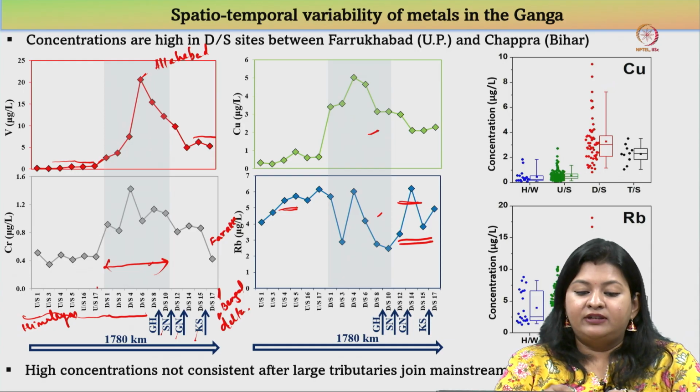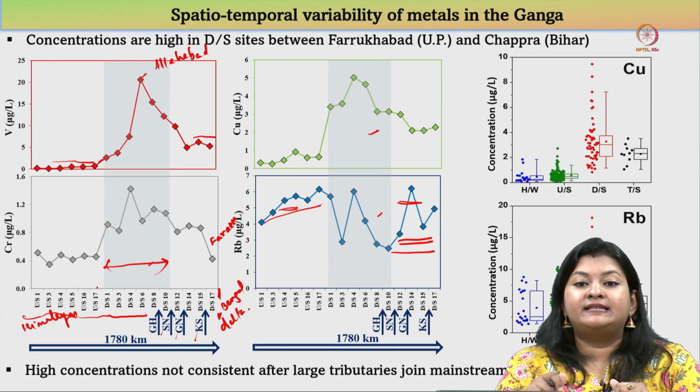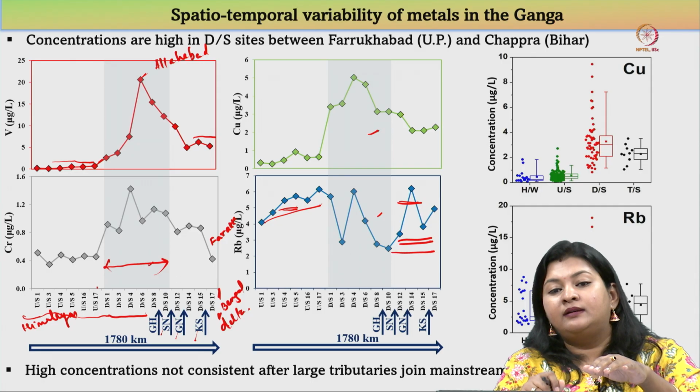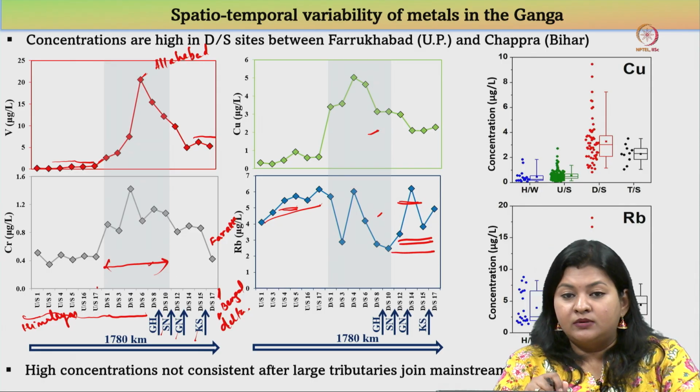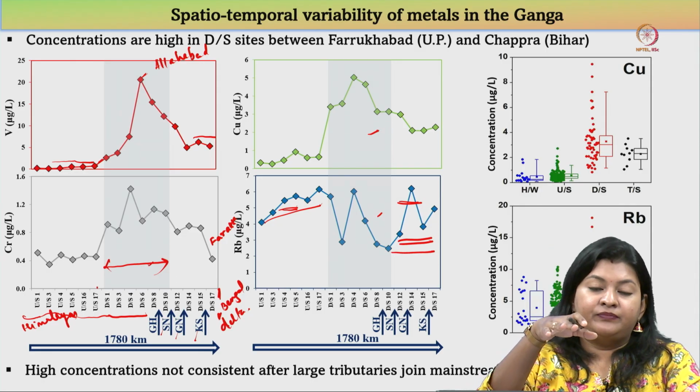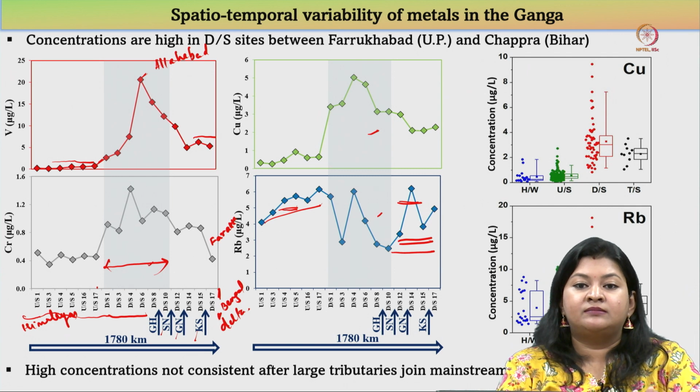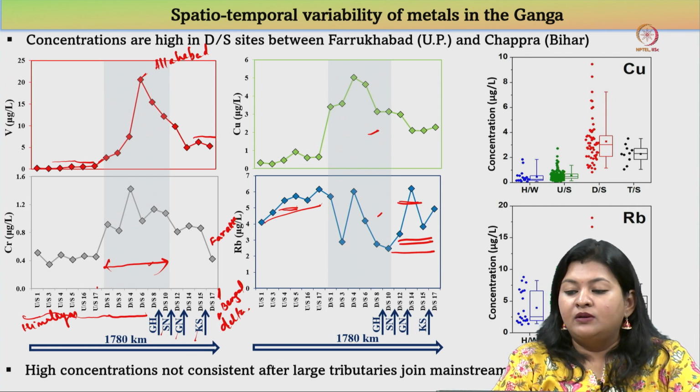The average composition in the upstream is higher as compared to the downstream locations, and it gets significantly diluted in the downstream locations. That means weathering is low, anthropogenic pollution is high. So, that is the kind of system this is.